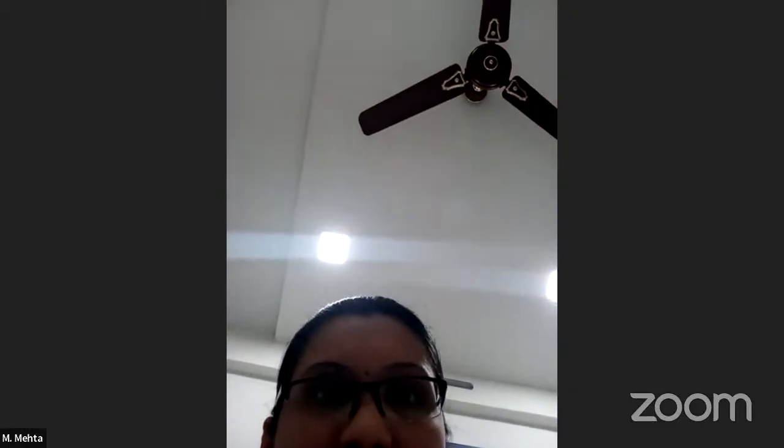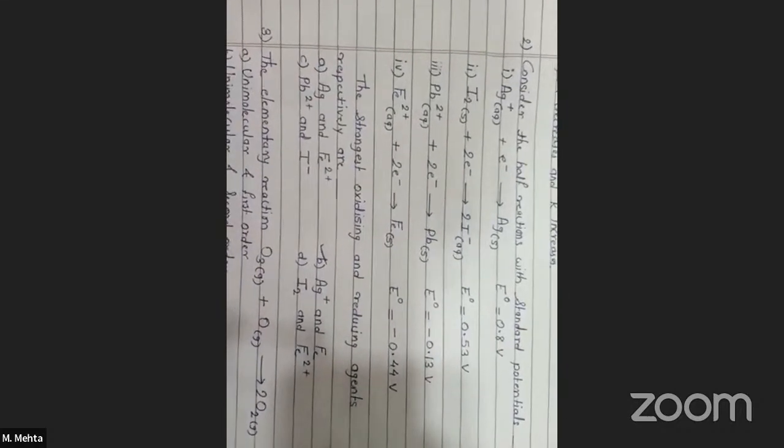Then the second question is this one. Consider the half cell reactions with the standard potentials. Ag plus plus electron gives Ag, standard potential is 0.8 volt.